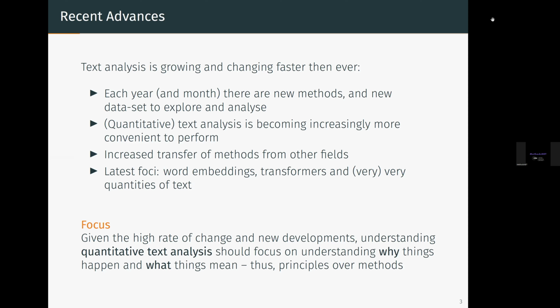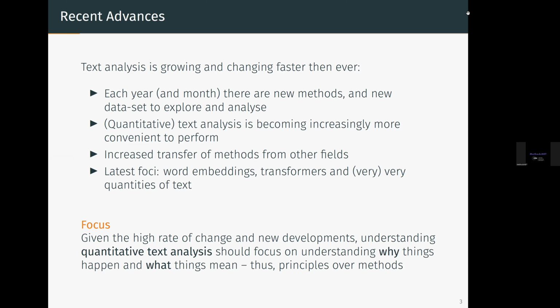And the latest big hot things are word embeddings, transformers, and very, very, very large quantities of texts. This big data, that term which is being used and abused all the time. But where earlier the problem was that we had to find text, now the problem is that there is too much text, and we have to get rid of it once in a while.